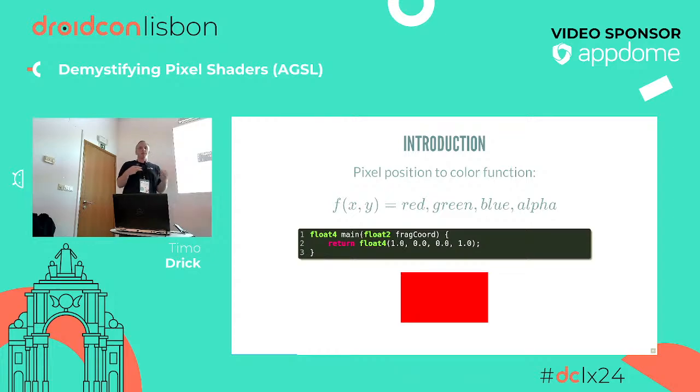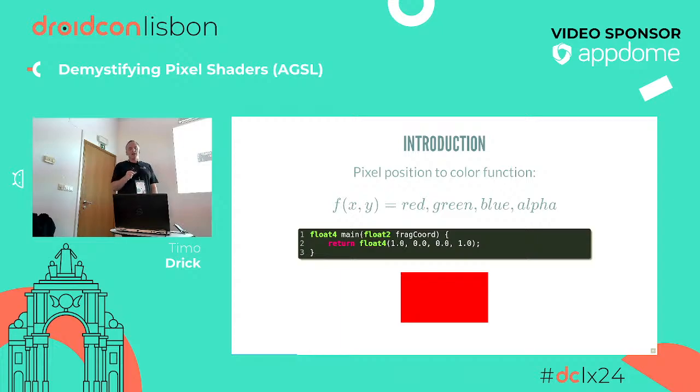Unfortunately, it's a completely separate language. It's not Kotlin or Java. So you have to learn a new language. It's similar to C, some kind of C. But as you can see here, we define one main function.